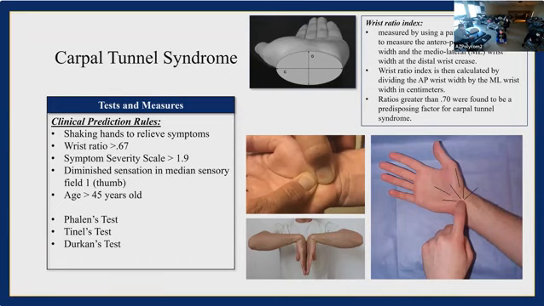So if it's greater than 70%, this is called a positive in this clinical prediction rule. Does that make sense? If this is 100%, if AP is 2/3 as long as the width or more, that's a positive test. So the thicker your wrist is in an AP direction is a risk factor.